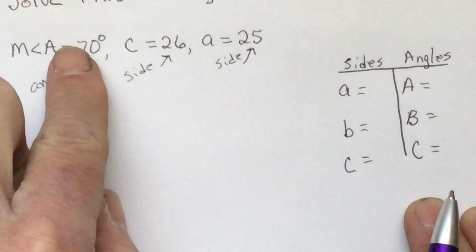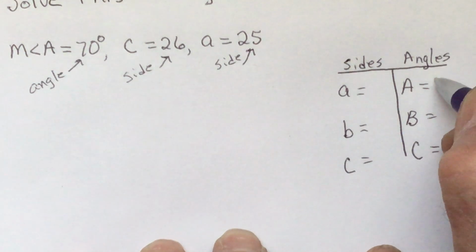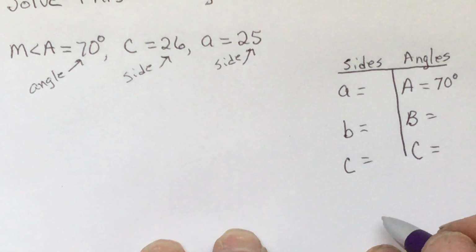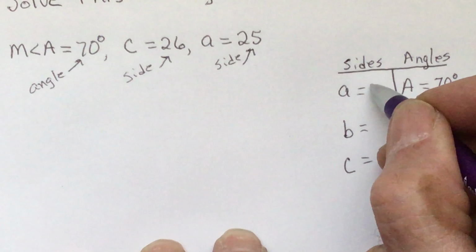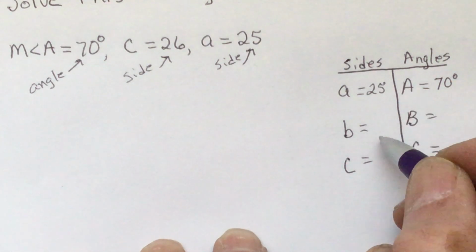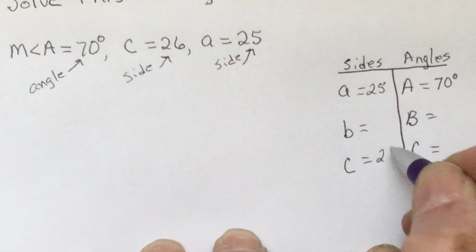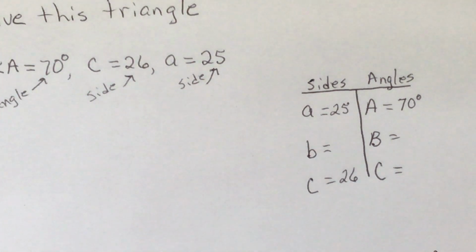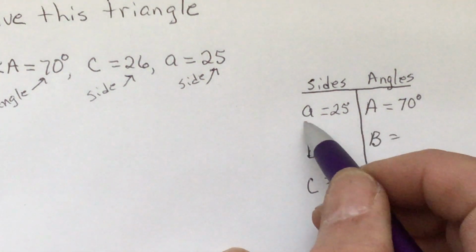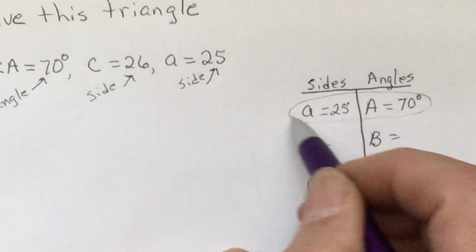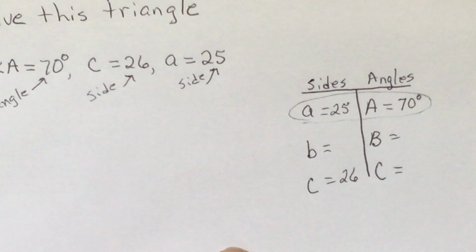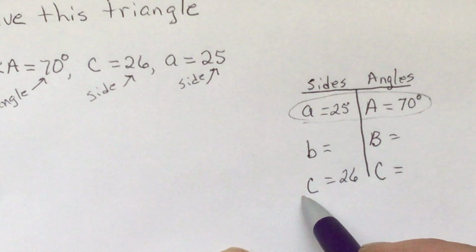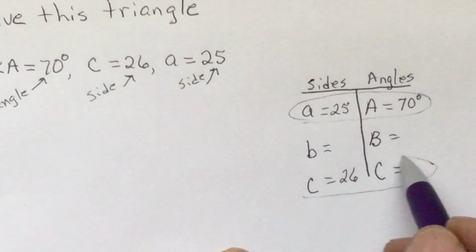I'm going to fill in the information that I already have. Angle A is 70 degrees. Side A is 25. Side C is 26. All right. So we've got this ratio here, or the information that we need to make a ratio, and we can also now do this one right here.